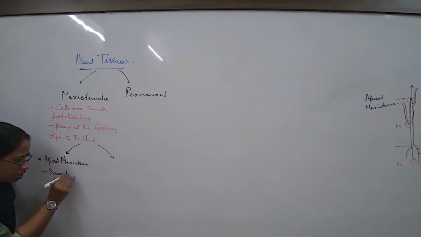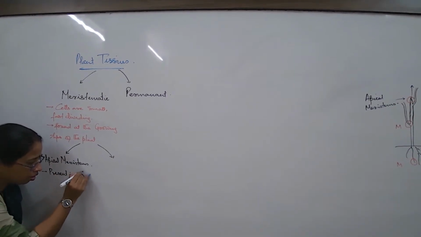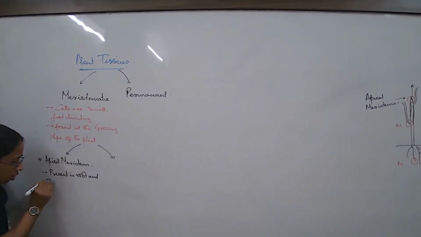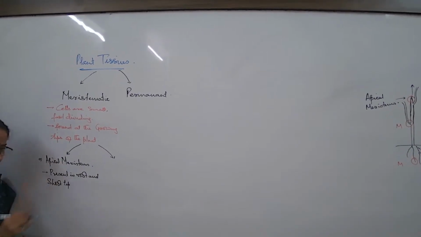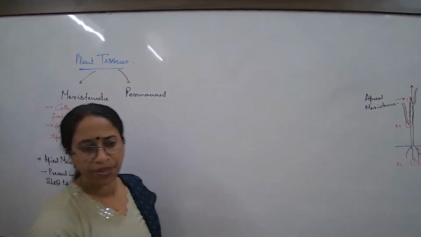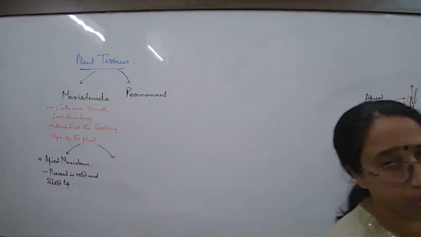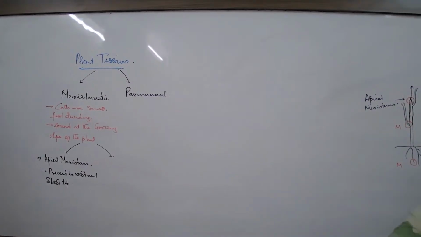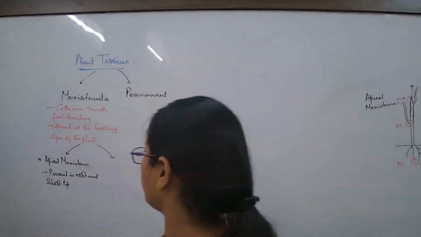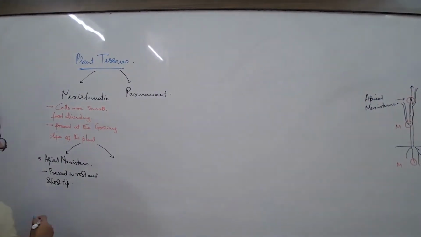They are present in the root and shoot tip. Root and shoot tip means at the growing points of the root and the growing regions of the stem, where the process of cell division happens, and they are able to carry out growth.